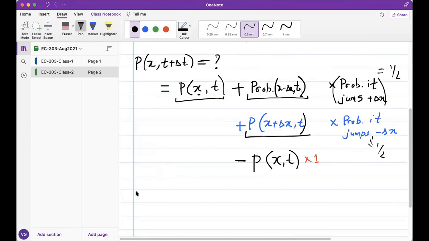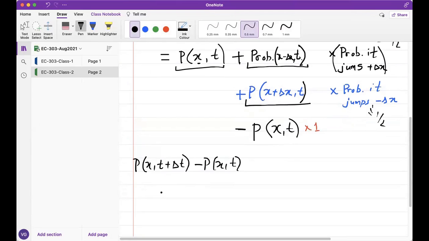Now that we have the full equation, what I will do is what any good person who knows calculus does. We want to know how the probability density is changing over time, so I will take this to the left-hand side. That's the left-hand side I'm interested in. And what's the right-hand side?